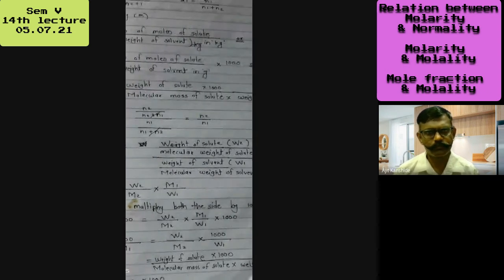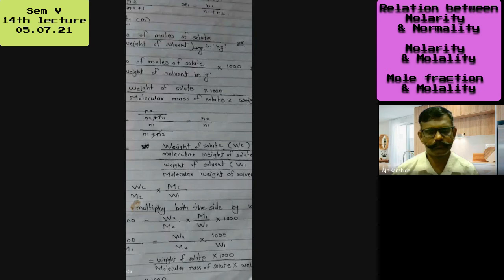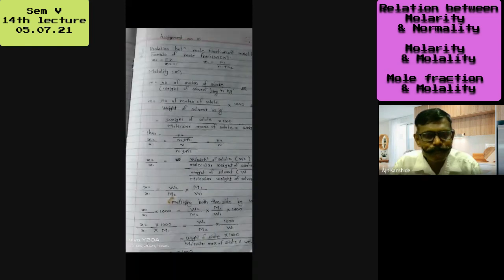Therefore, x2 divided by x1 multiplied by 1000 divided by m1 is equal to w2 divided by m2 multiplied by 1000 divided by w1, which is equal to weight of solute multiplied by 1000 divided by molecular mass of solute into weight of solvent in gram, which is equal to molality.